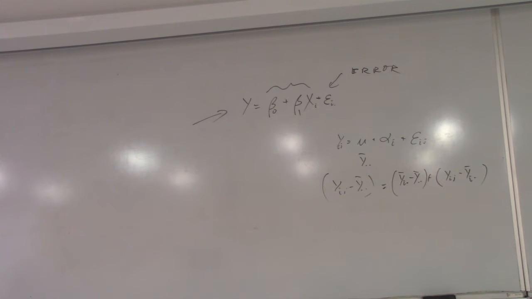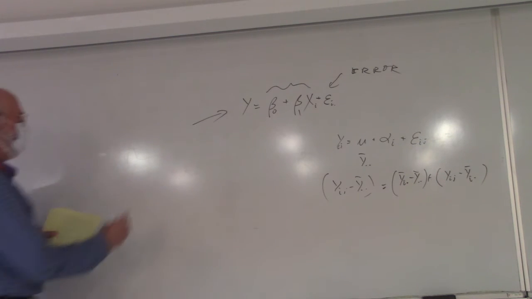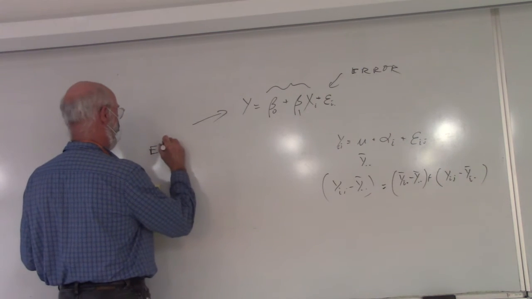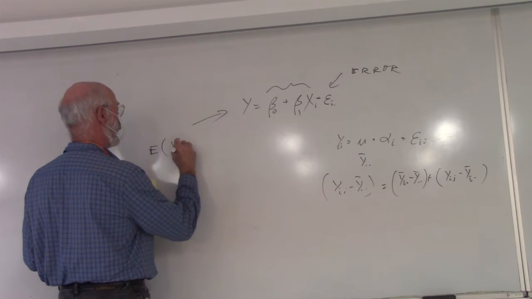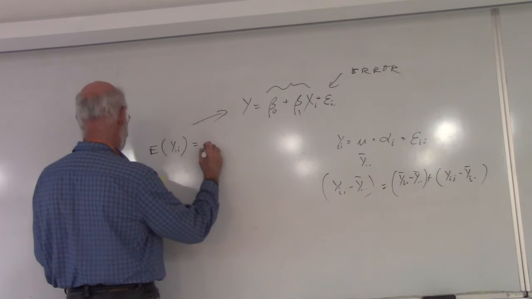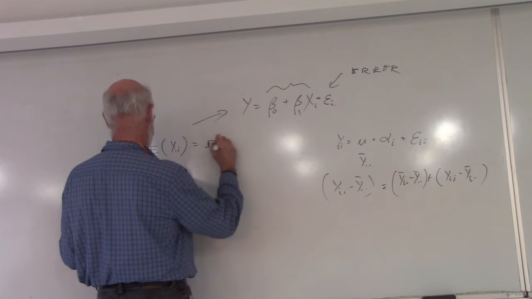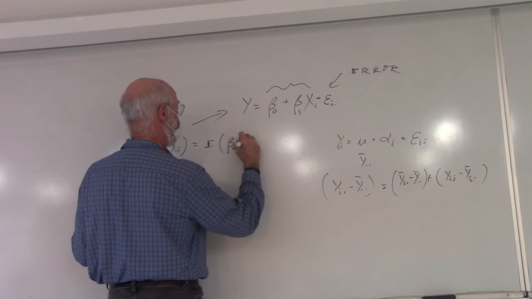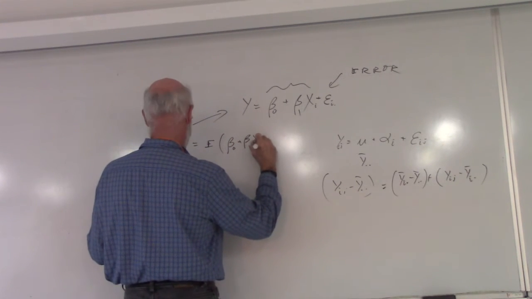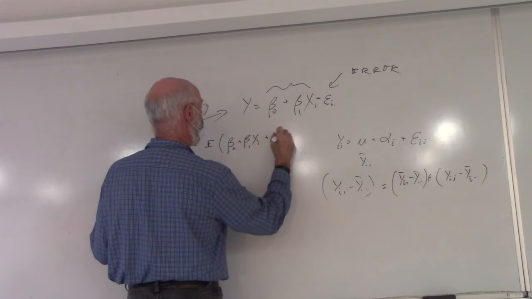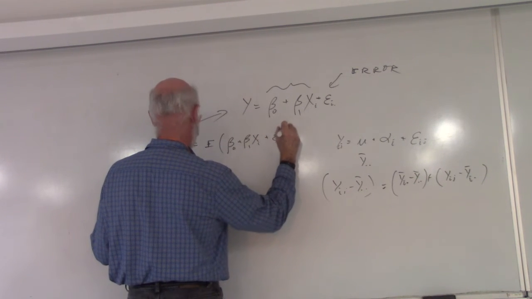And what's the expected value of epsilon? The expected value of epsilon is 0. So the expected value of yij is going to be equal to the expected value of beta 0 plus beta 1 xi, plus epsilon ij.